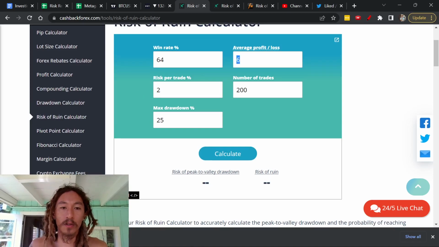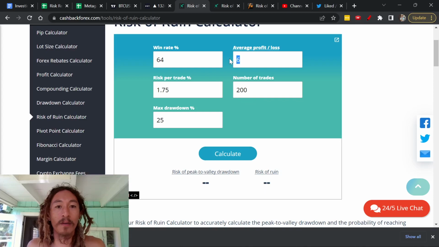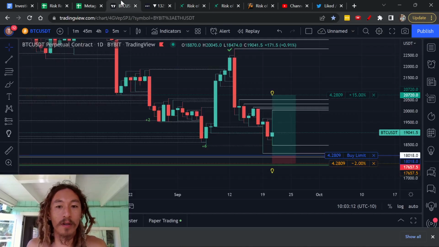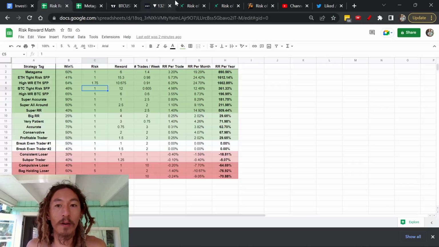So we're going to go to, let's try putting it to 1.75 so we can compare where we have a similar output on the other side.